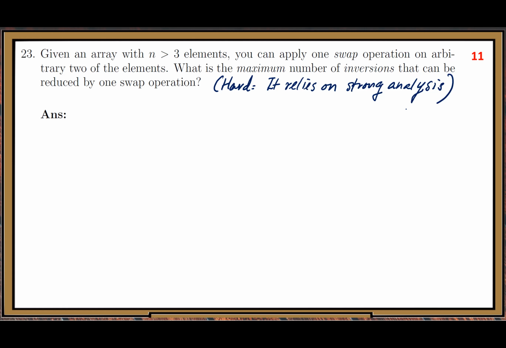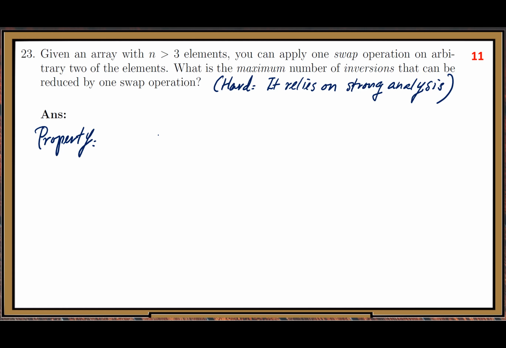Here, I like to do analysis on the most important property. Let me look at one important property, and then you try to use this property to answer this question. It's a hard question, one of the hardest questions in this assignment.